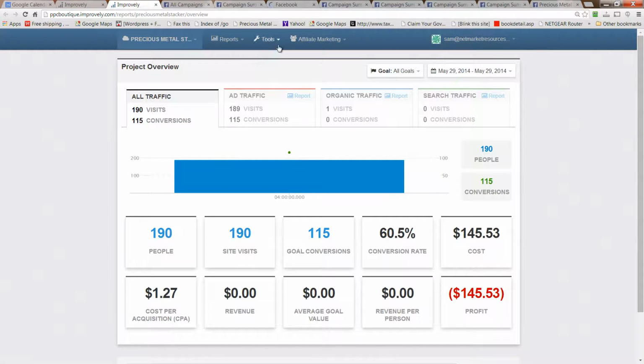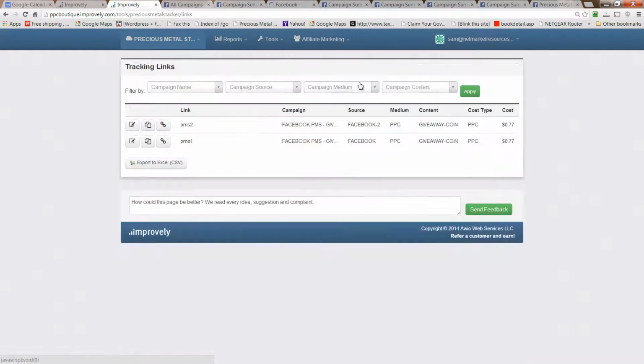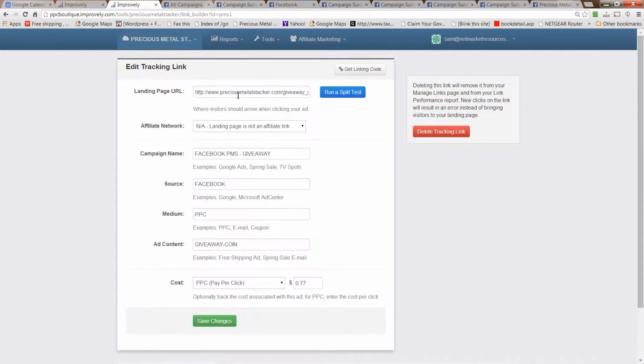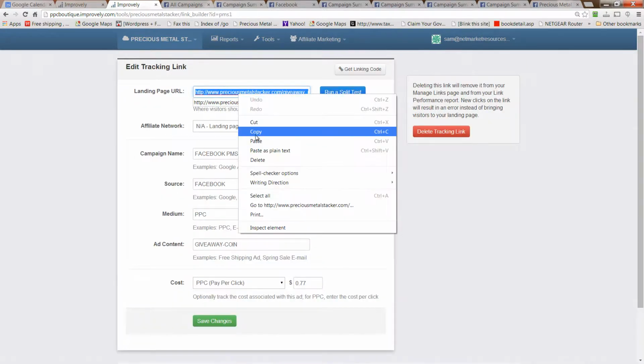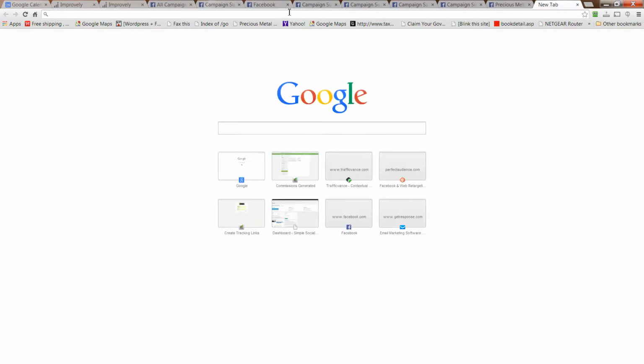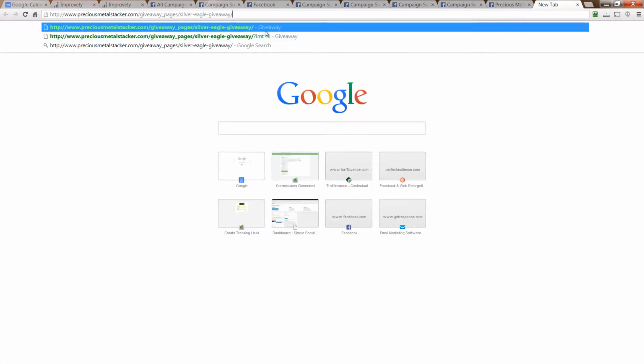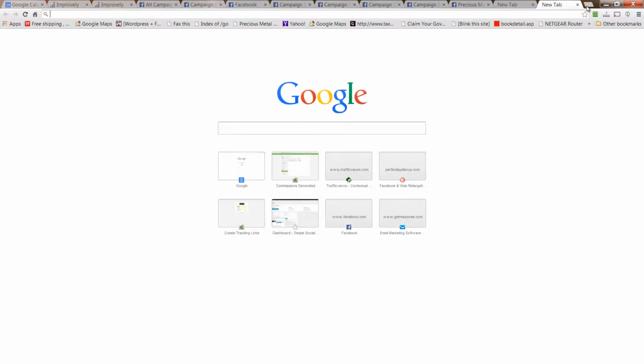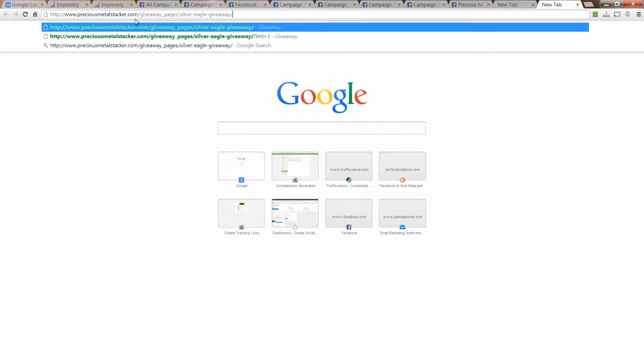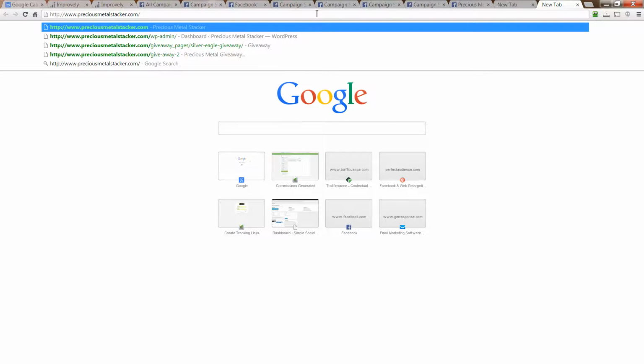And we actually split tested 2 different pages. With Don's ad crack course, he actually gives you a plugin, so we tested 2 different landing pages. We swiped the landing page from Tanner, and we also used the plugin that Don gave us, and this is what we came up with here.